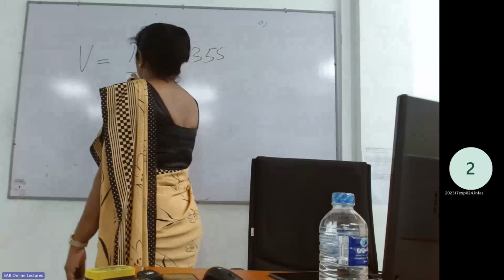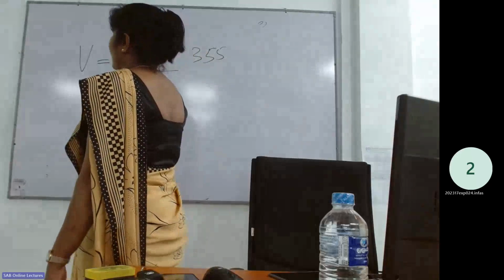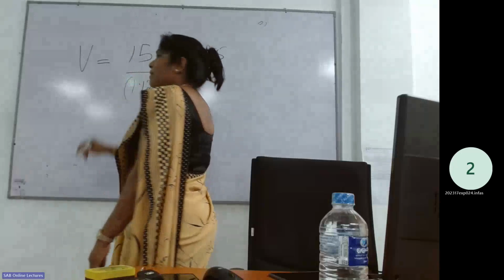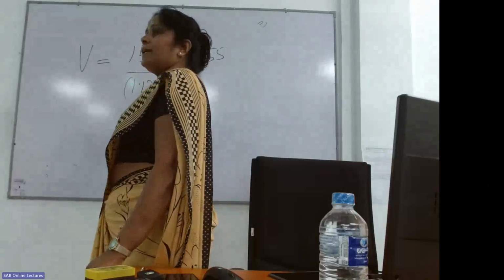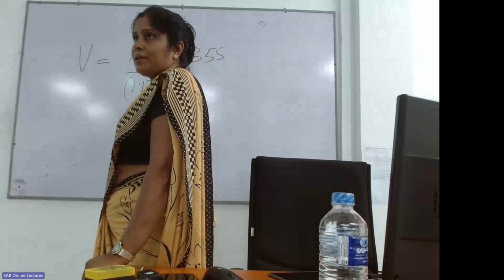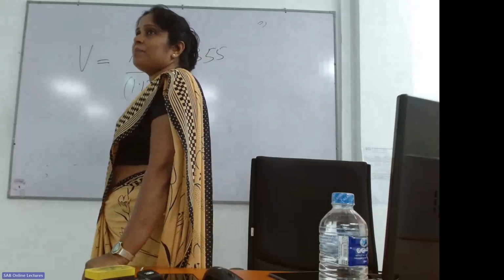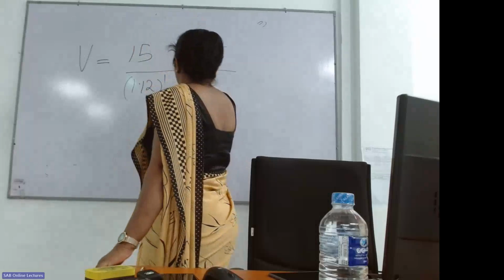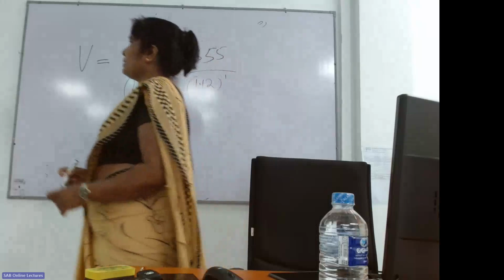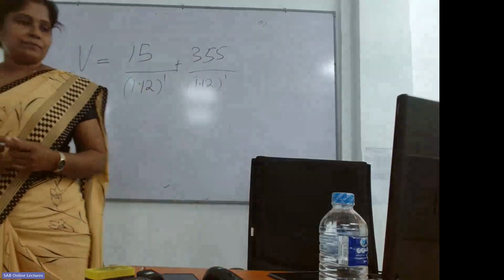So you have to discount these cash flows using your required rate of return, 1.12 to the power 1. Here n is always equal to 1 because it is a single period, plus 1.12 to the power 1. So this is the value.